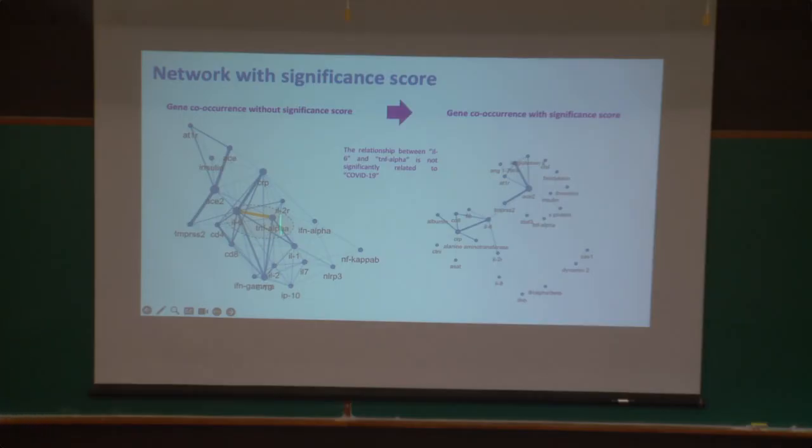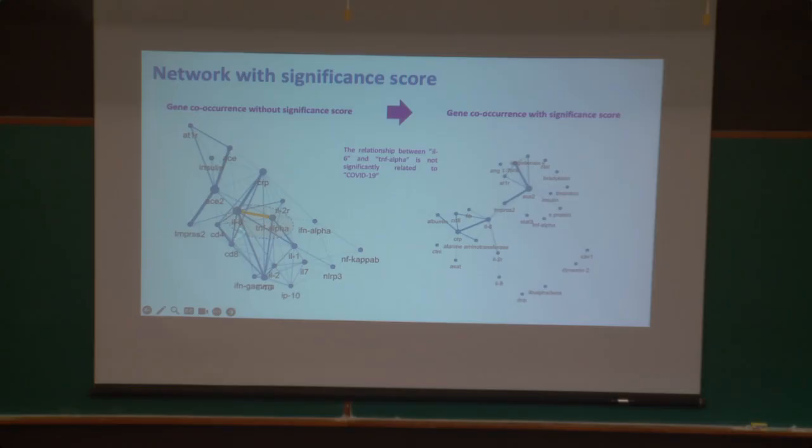And here is another example. In this gene network, we see that these two, IL-6 and TNF alpha, are heavily connected and always co-occur in the extracted publications. However, using our proposed enrichment analysis, this connection has been removed.